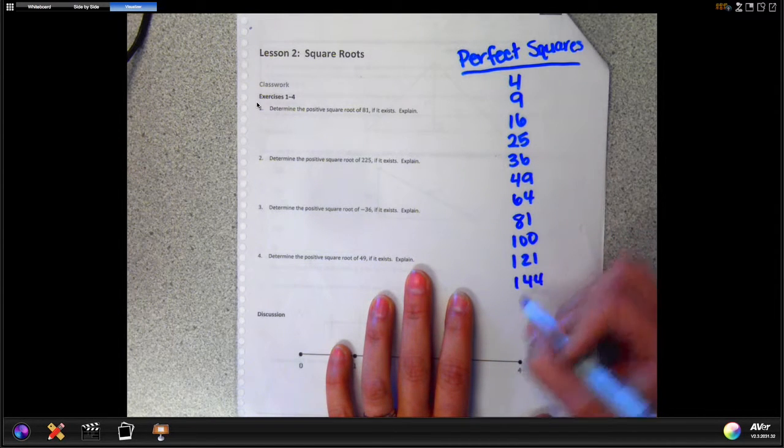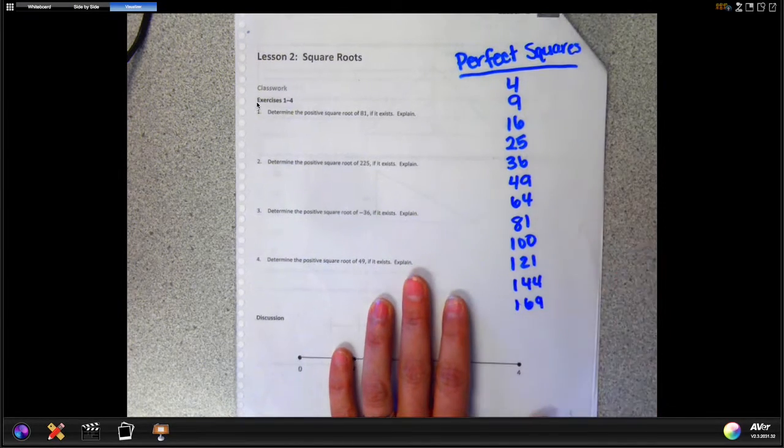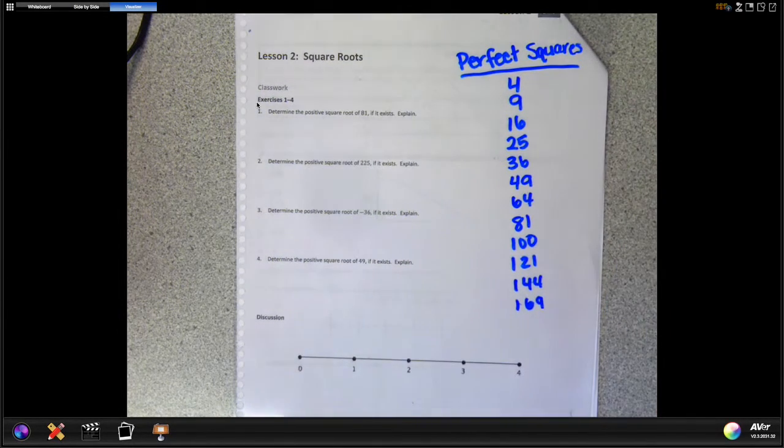And some of you may know this one, 13 times 13 is 169. Okay, and that's as far as we're going to go. They go much, much further, but for our purposes, this will get us pretty far in what we need to go. And these keep going forever, but we'll just go up to 169. Square root of that is 13.